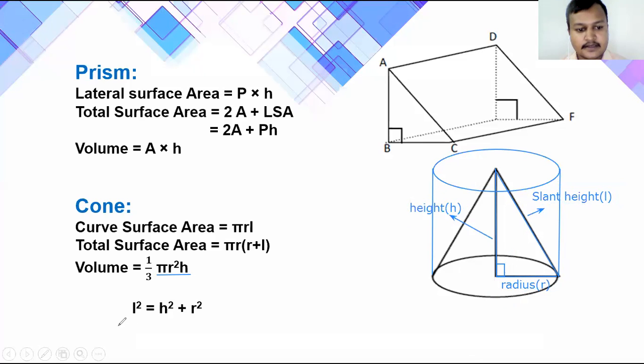So in place of hypotenuse square, we put L square, in place of perpendicular square, H square, and in place of base square, R square. It is obtained from the Pythagoras theorem: hypotenuse square is equal to the sum of squares of perpendicular and base.